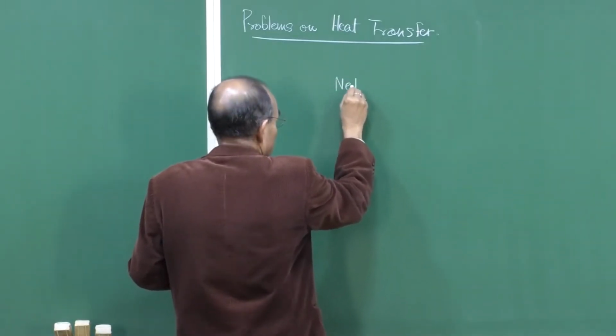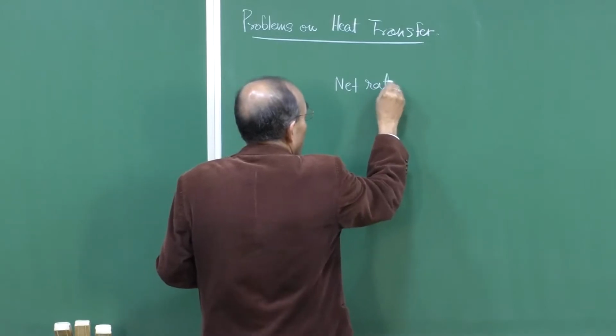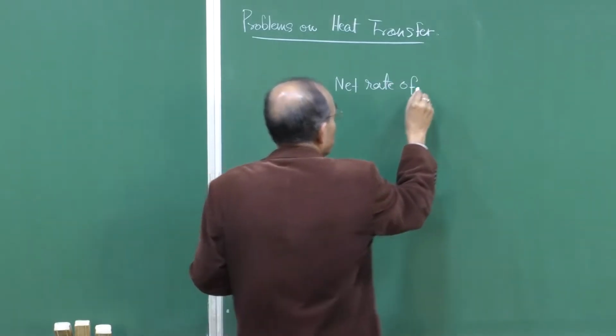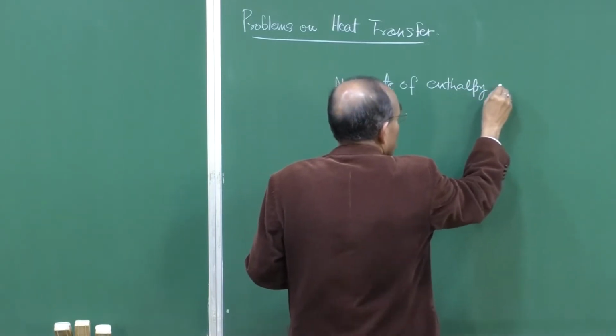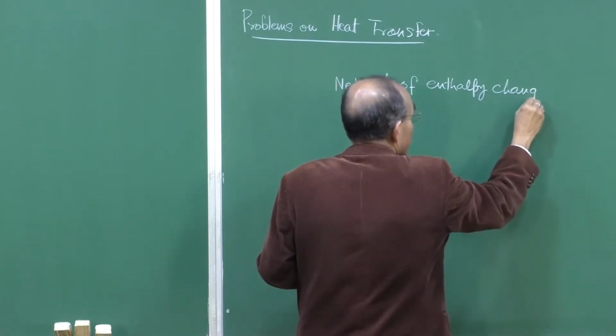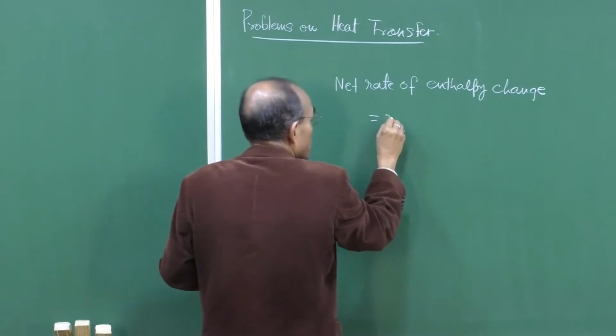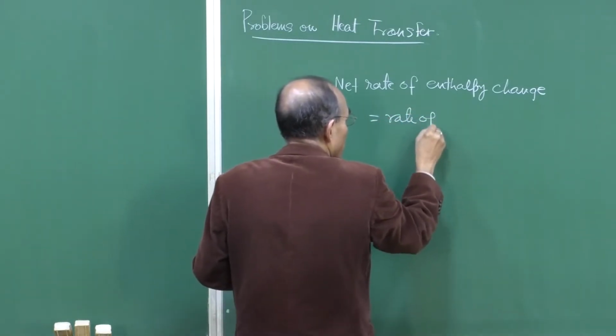So, net rate of enthalpy change is equal to rate of enthalpy in minus rate of enthalpy out.